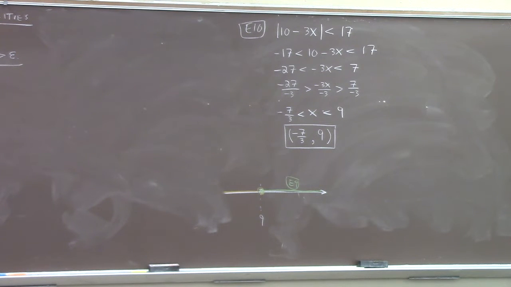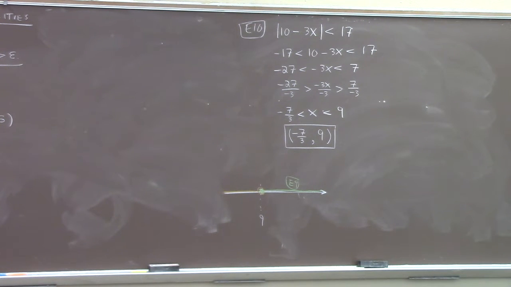Okay, so what does this mean? There are really two possibilities, right? Either you've got x plus 8 equals x minus 5, or you've got x plus 8 equals minus x minus 5.